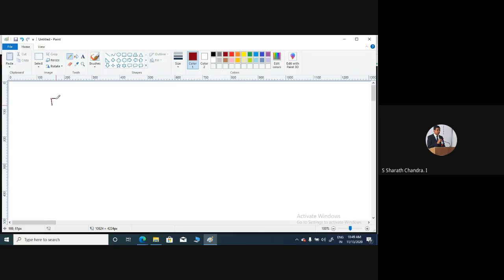The rectangular pulse function, also known as gate function.